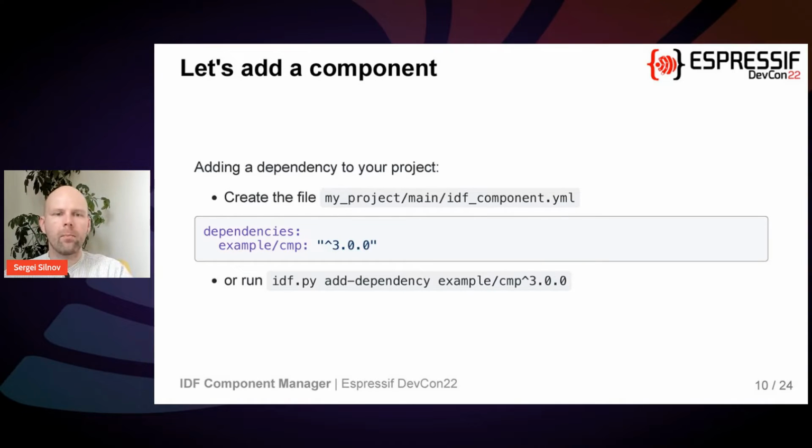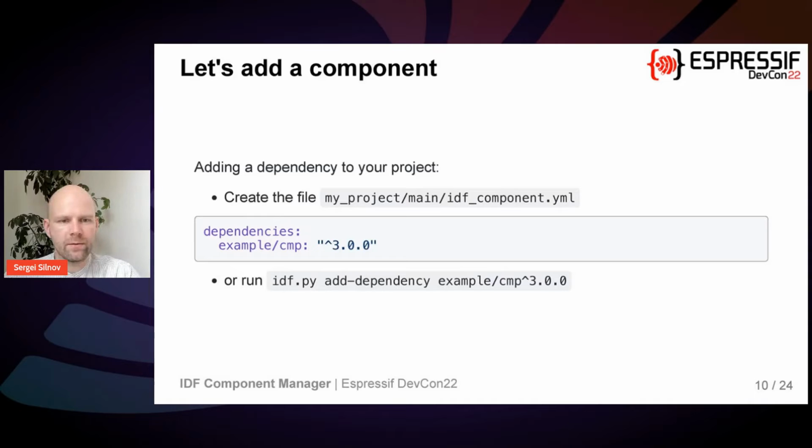To add the component to our project, you can either manually create an idf_component.yml file in any component directory of your project. In our case, it may be the main IDF component, and add two lines: dependencies and the name of the component alongside the version specification.